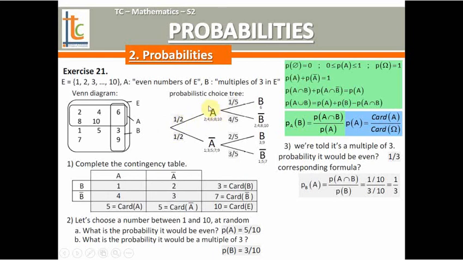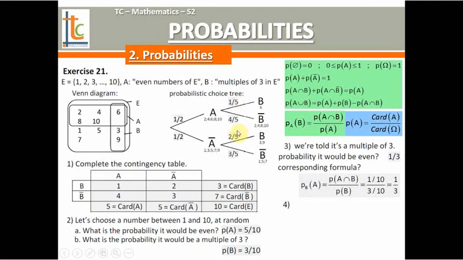Then, if you are in A, the probability to fall into B is 1 in 5. And if you are outside A, the probability to fall into B is 2 in 5.